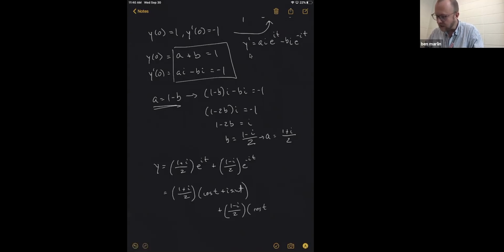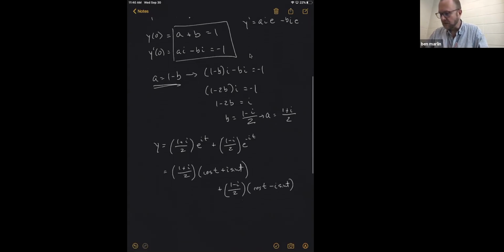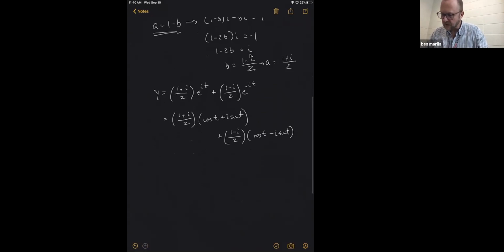cosine t. It turns out to be minus i sine t, because when you plug minus t into sine, because it's an odd function, you would end up getting minus sine t. All right.